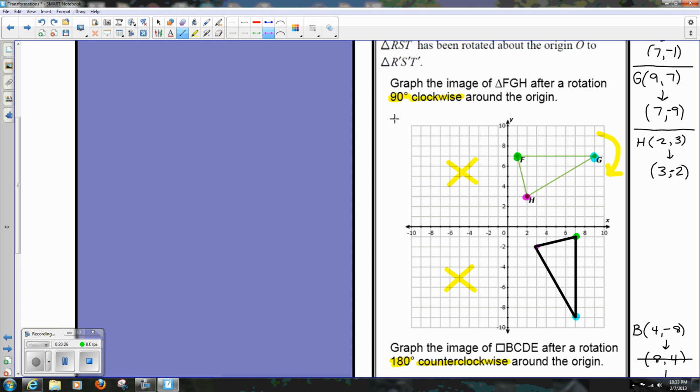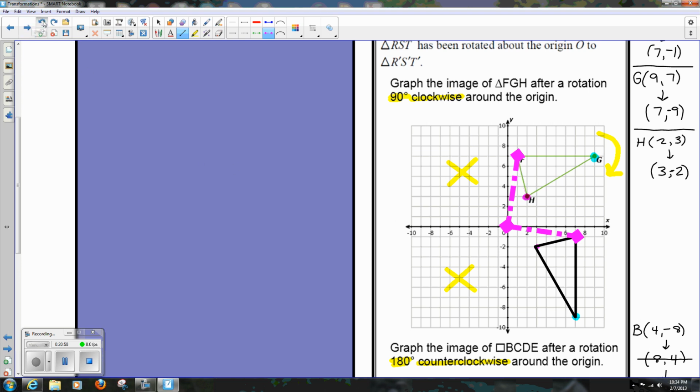If we go from F to the origin, and then from the origin to F prime, that's not F prime. I've got the wrong one. F was my green one. Here's F prime. Okay. From F to F prime going through the origin, you see how we made a 90-degree angle? There's our 90-degree rotation.